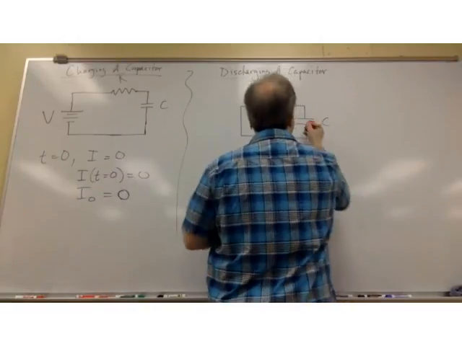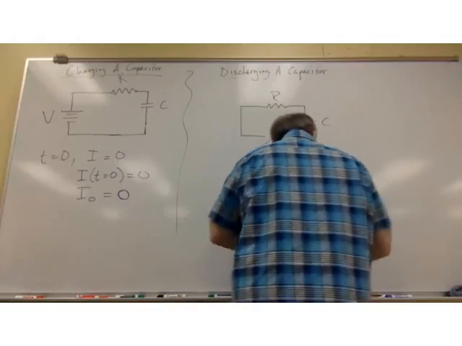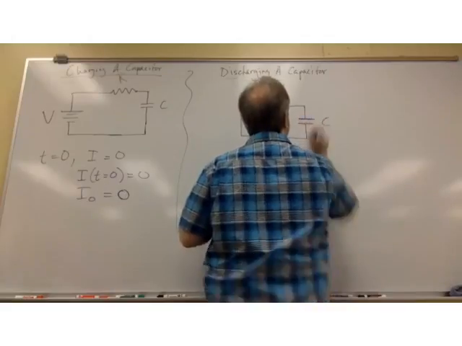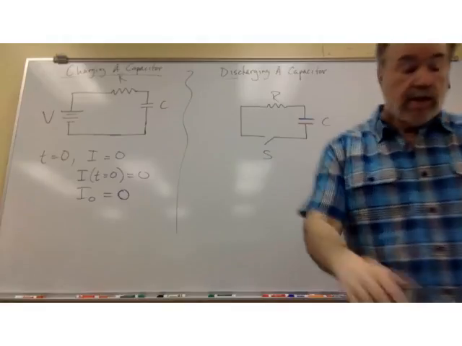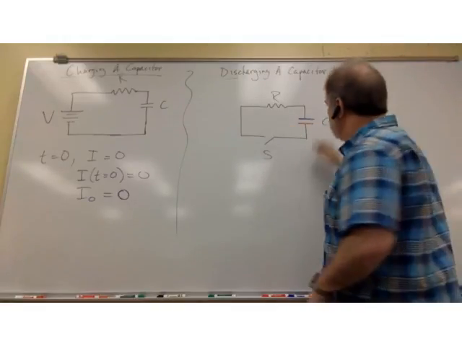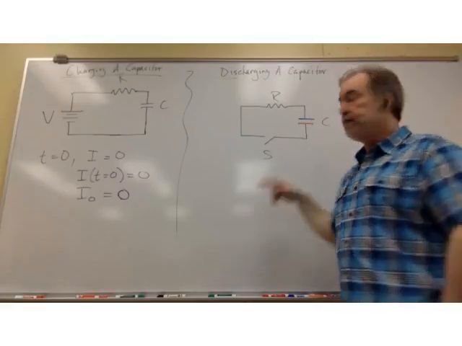But also, by the way, the bottom plate is negatively charged, and the top plate is positively charged. The discharge process is much the same. Close the circuit. Now charge starts to flow, again assuming positive charge carriers.